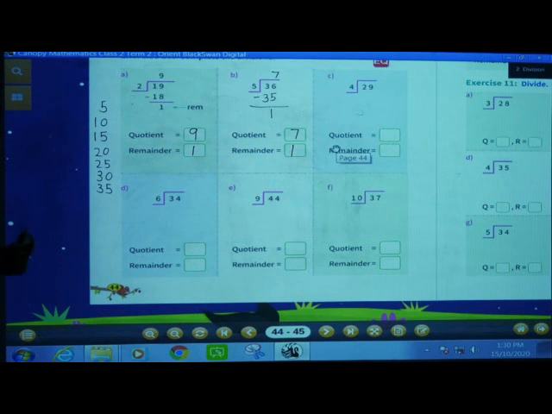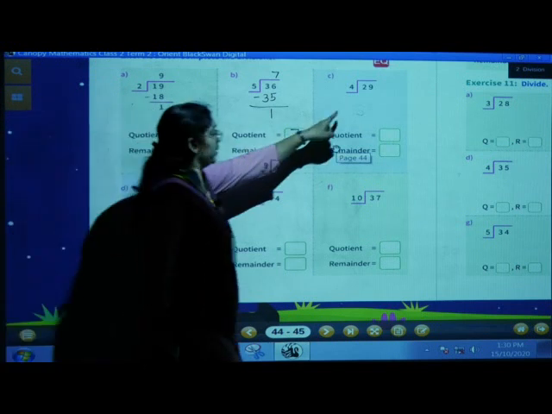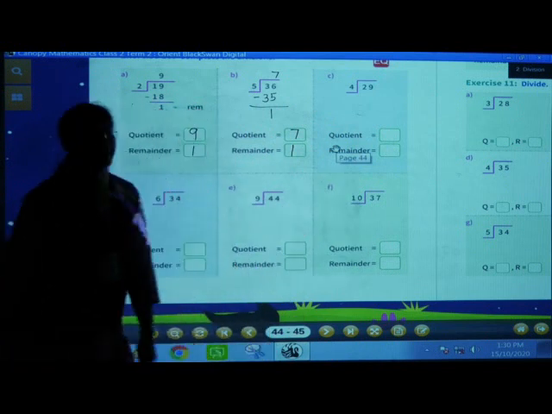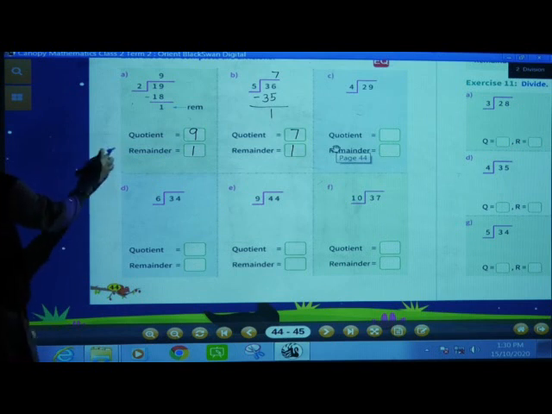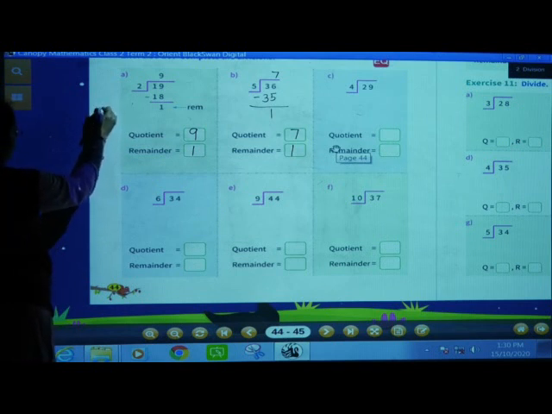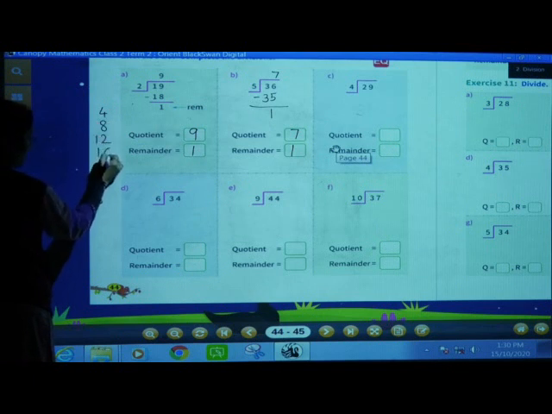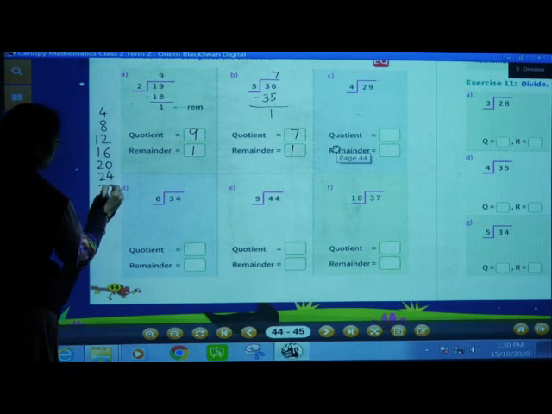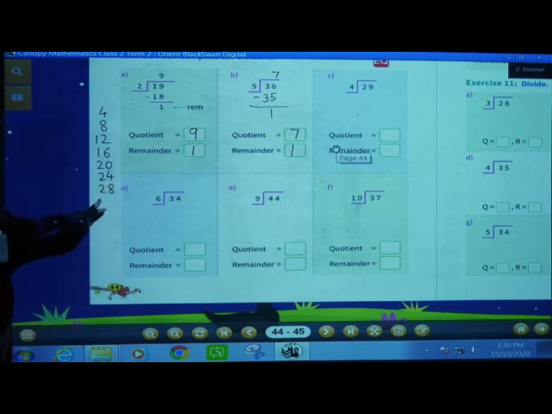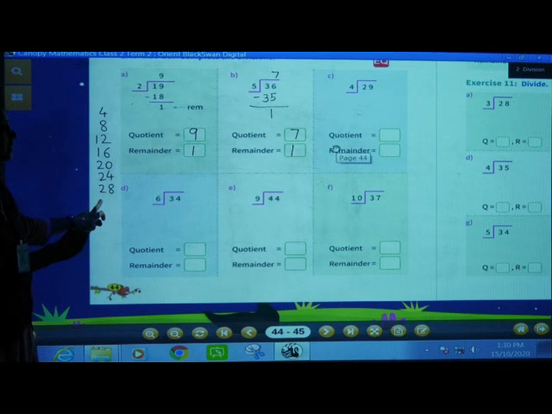Next, C number, 29 divided by 4. I am writing here the table of 4. 4 ones are 4, 4 twos are 8, 4 threes are 12, 4 fours are 16, 4 fives are 20, 4 sixes are 24, 4 sevens are 28, 4 eights are 32, but we can't take 32.